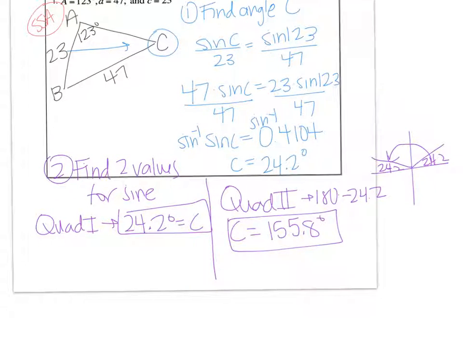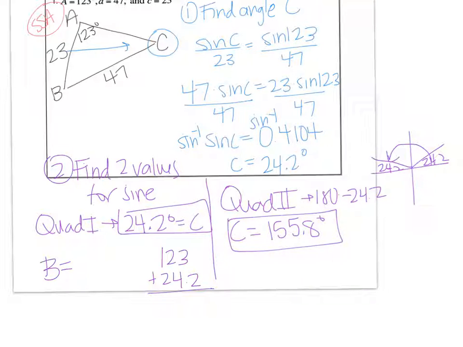So the first thing I need to find, we'll do the left side first, is the next angle. So we have angle A, we have angle C. So to find angle B, I have to add and then subtract from 180. So I'm just going to do that over here.